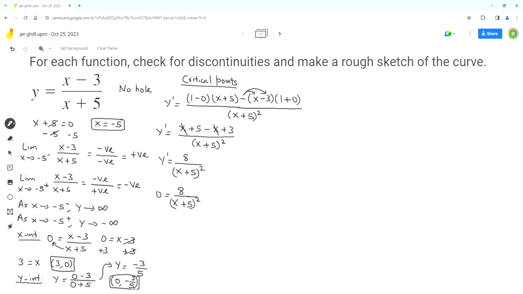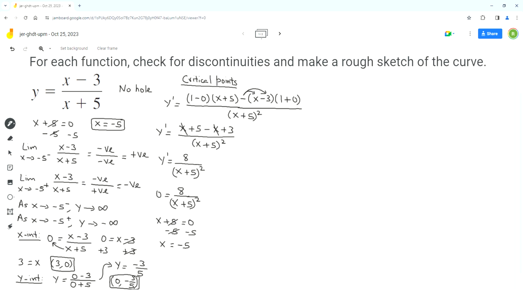So now we have to find the x values at which y prime is undefined. Those are x values at which the denominator becomes equal to 0, and in the denominator we have x plus 5. So if x plus 5 is equal to 0, then we subtract 5 from both sides. The 5's on the left side get cancelled out, which gives x equals negative 5. Now this is where the vertical asymptote is that we have already found.